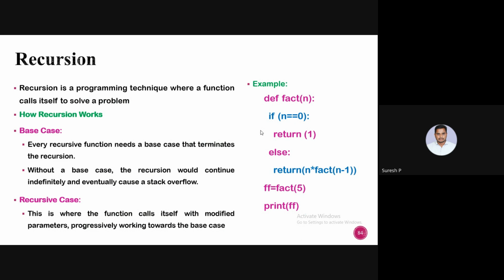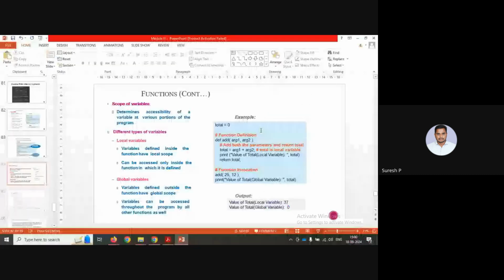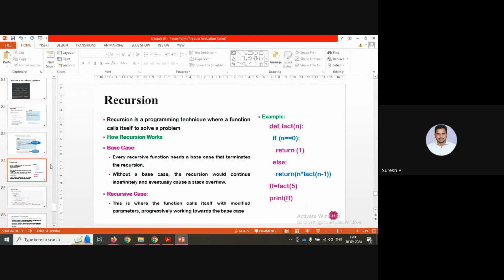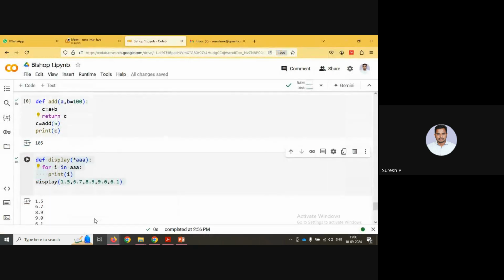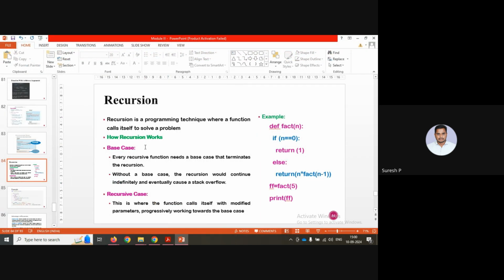So these are the different types of functions, different types of arguments that are possible in Python. If you have any doubt in this, you can ask me. Then we have one more topic, that is recursion. We shall start the recursion after your queries.